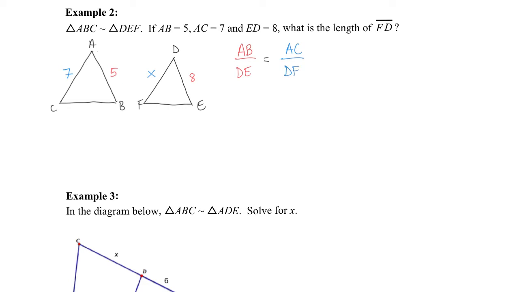Now let's plug in. I've got 5 over 8 equals 7 over X. Let's cross multiply and solve. 5x equals 8 times 7, which is 56. 56 divided by 5 is going to be 11.2.